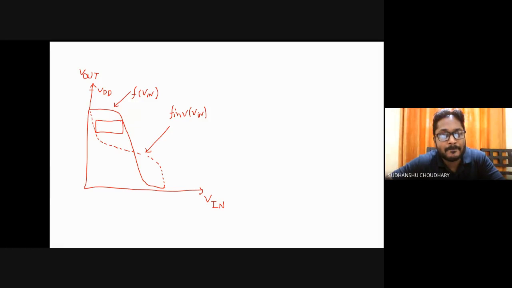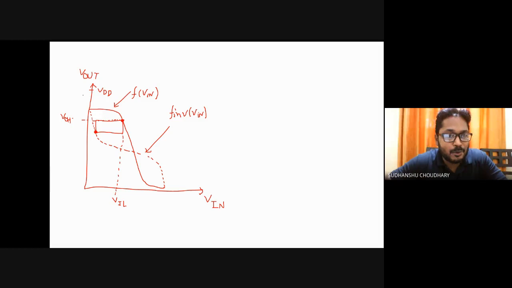Then we select these two points where this rectangle is touching the two VTCs. Let us extend these two points to where they cut the Vout and Vin axes, the Y and X axes. So this point becomes my VOH, and this point becomes my VIL.